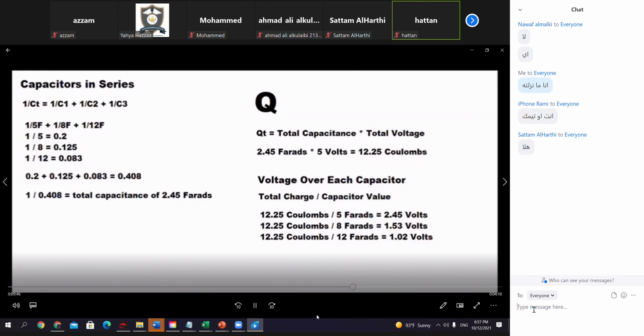Capacitor 3 is 12 farads. 12.25 divided by 12 gives us 1.02 volts. Adding the voltage across each capacitor together gives us the same value as our power supply. 2.45 volts plus 1.53 volts plus 1.02 volts equals 5 volts.